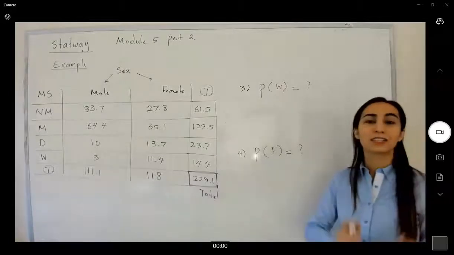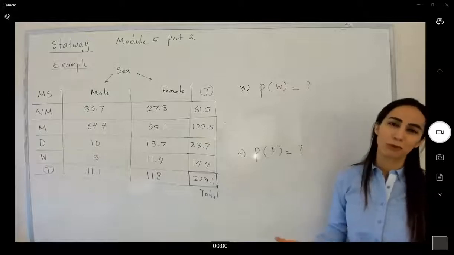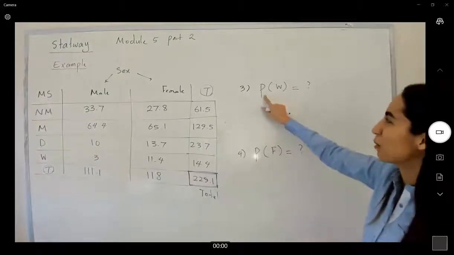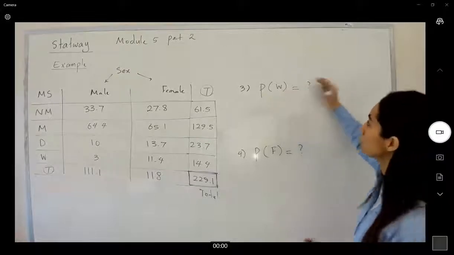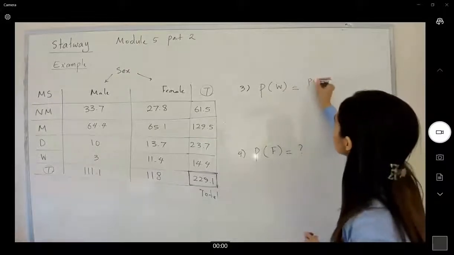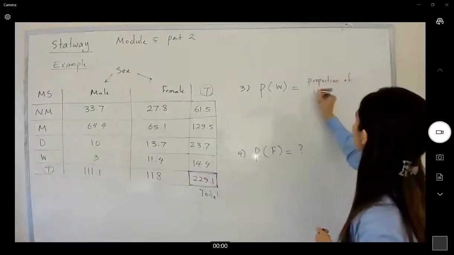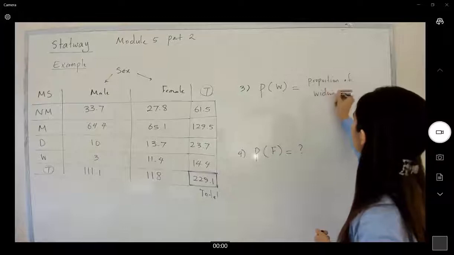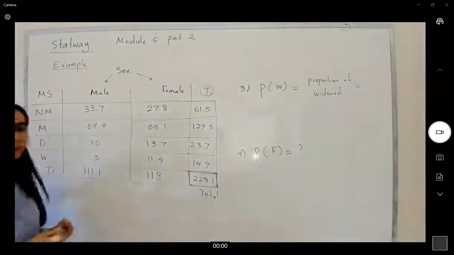So again, finding the probability is equivalent to finding the proportion. The probability that a randomly selected person is widowed is equivalent to saying, what is the proportion of widowed in the United States using the table.